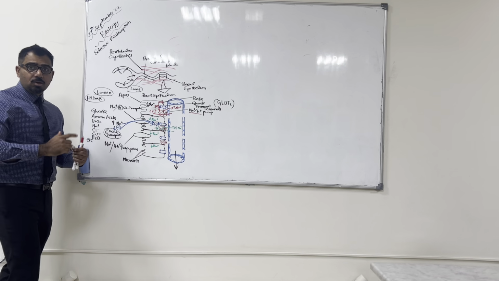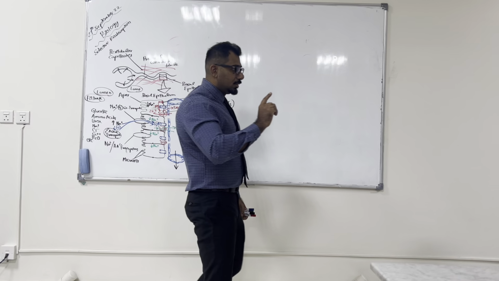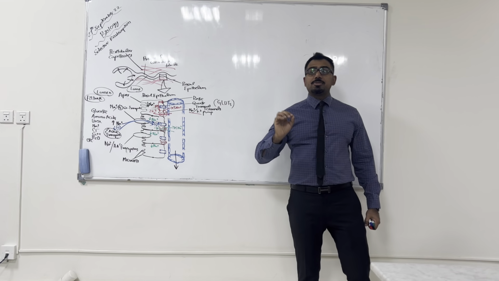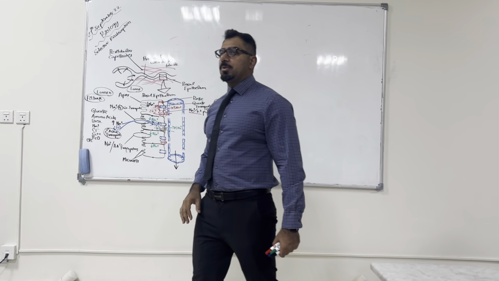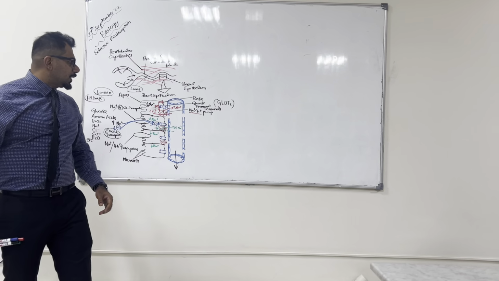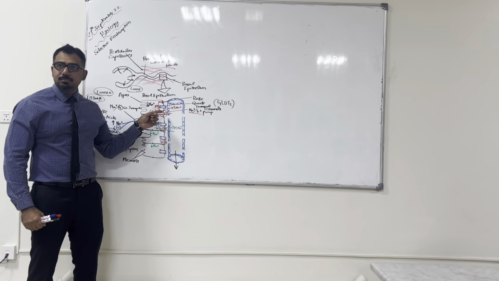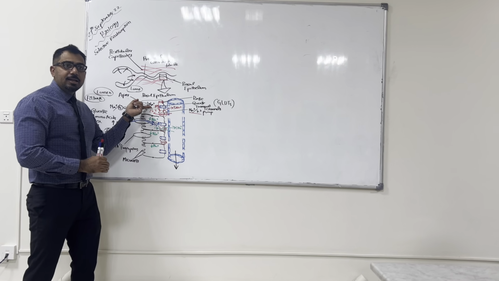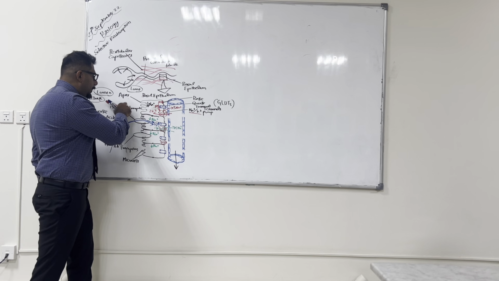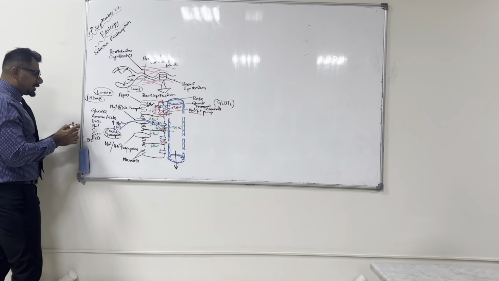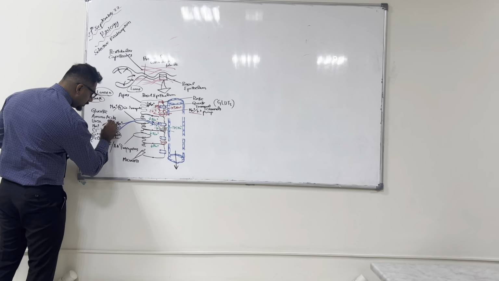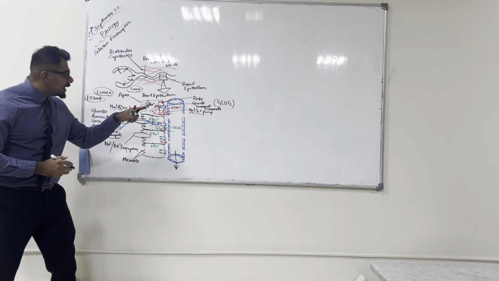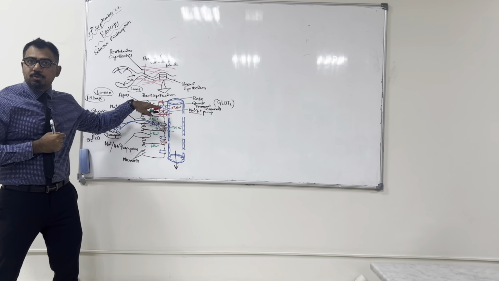Now please understand this concept of secondary active transport. Basically, active transport happened where? Over here, which generated a gradient, right? The sodium became higher in concentration over here and low over here, and it happened because of this primary active transport, right?